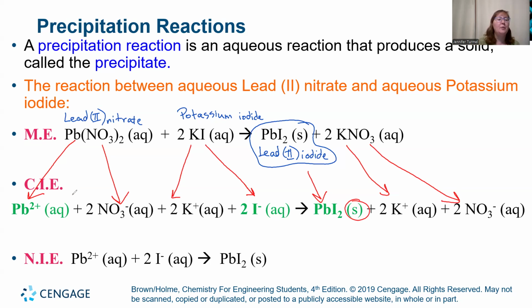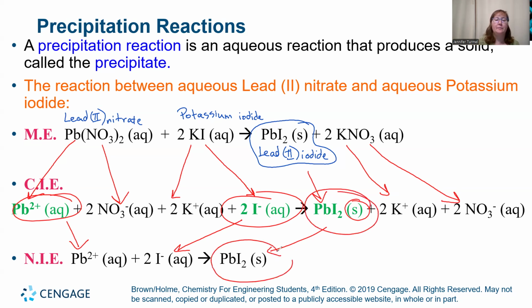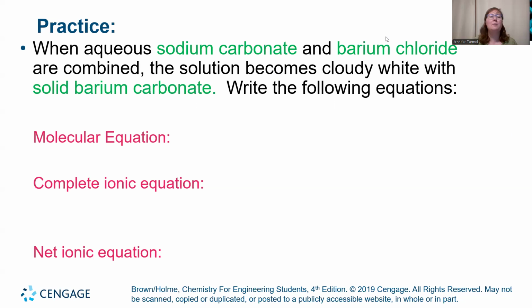And then we're left with our lead and our iodide forming our lead iodide, which doesn't change. So that is the precipitation reaction from lead II nitrate and aqueous potassium iodide.